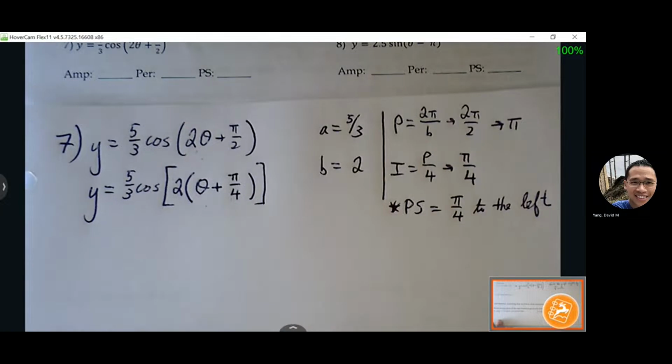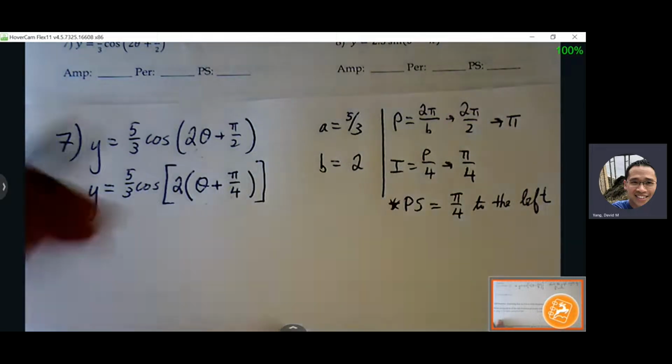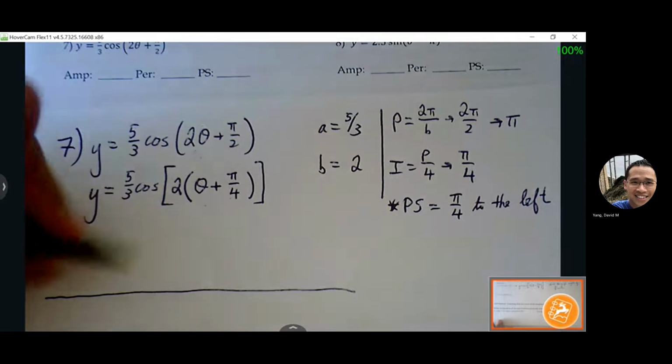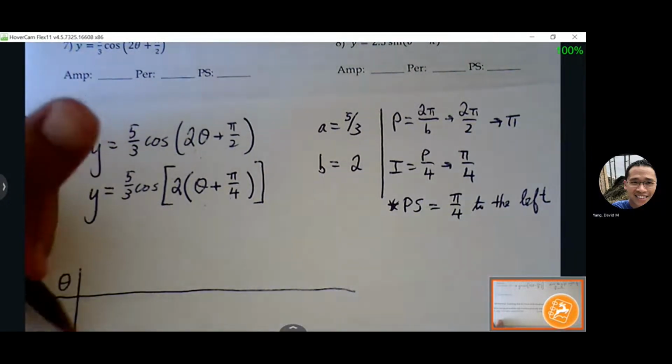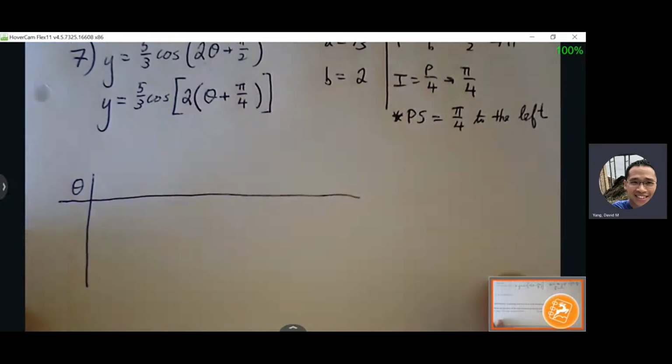Okay, so let's create our table, but we're going to give ourselves more room this time, okay? So start off with beta. Make every column really wide.